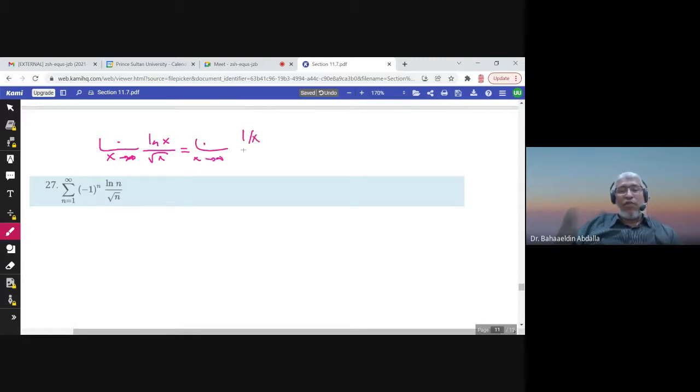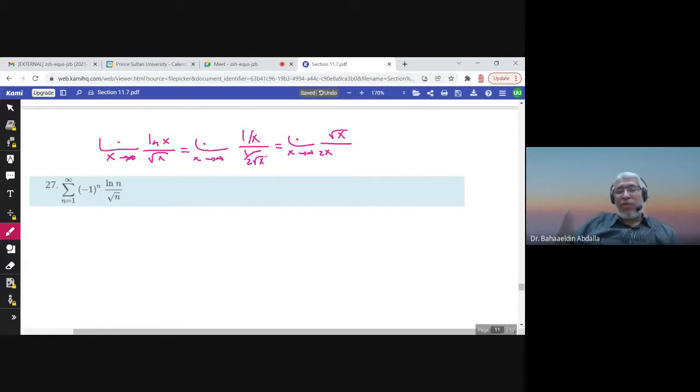Derivative of ln x is 1 over x. Derivative of square root of x is 1 over 2 square root of x. Now this is 1 over x, so x will be here. And I have 2 here, square root of x. Square root of x will go up if you simplify this.